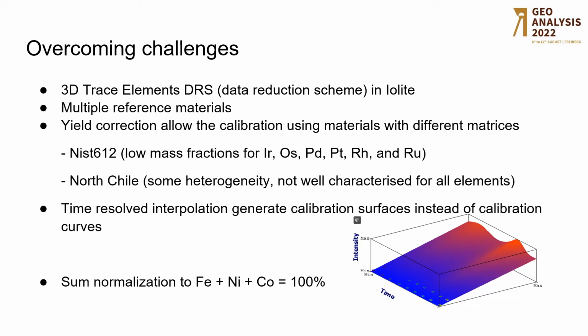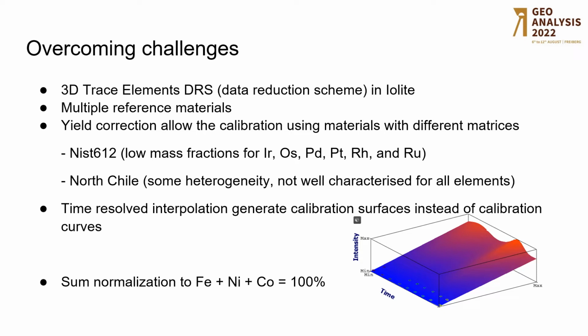In our case, this feature was important because NIST 612 has low mass fractions for some important trace elements such as iridium, osmium, palladium, platinum, rhodium, and ruthenium, while North Chile presents high values for these elements.